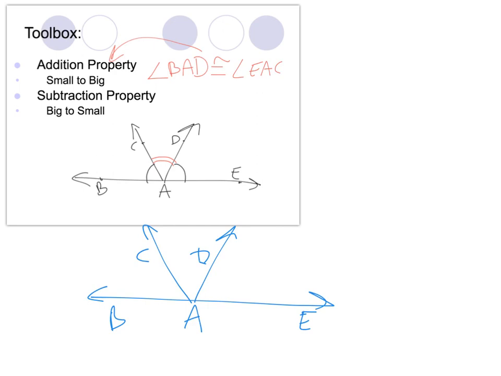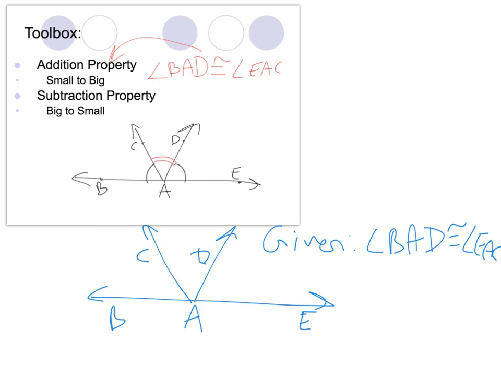All right. Well, let's say that I'm given angle BAD is congruent to angle EAC. Okay. Is there anything else I could conclude?